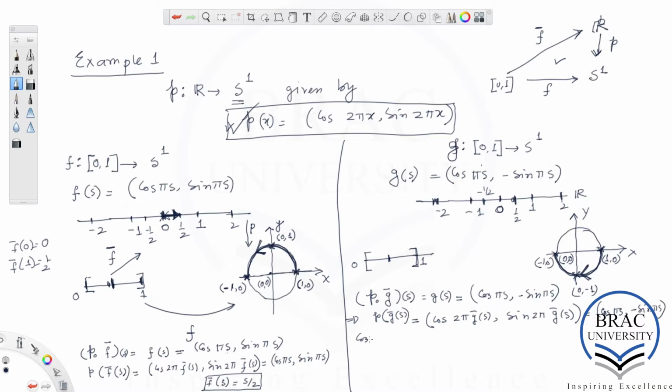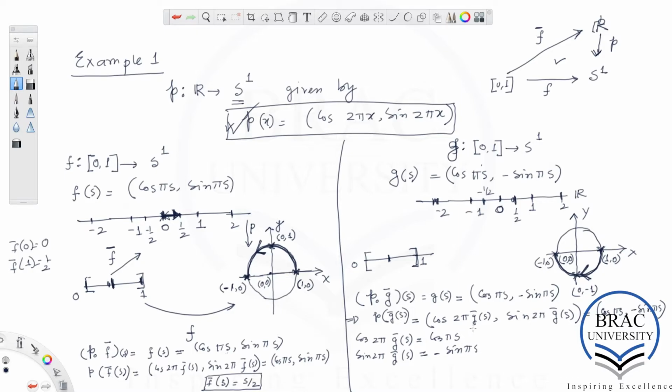So we want cosine 2 pi g bar of s equal to cosine pi s, and at the same time I want sine 2 pi times g bar of s to be equal to minus sine pi s.